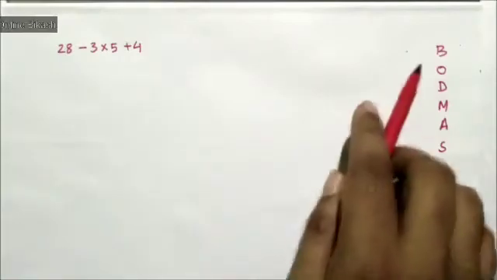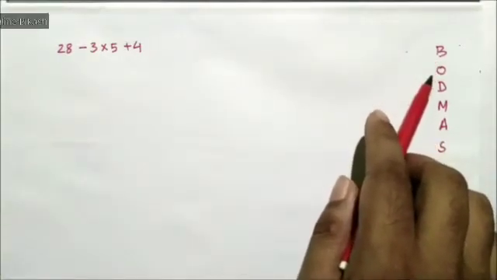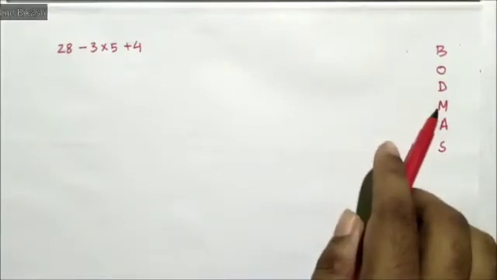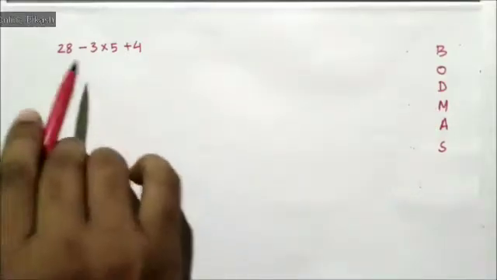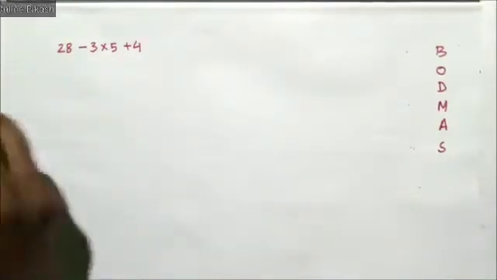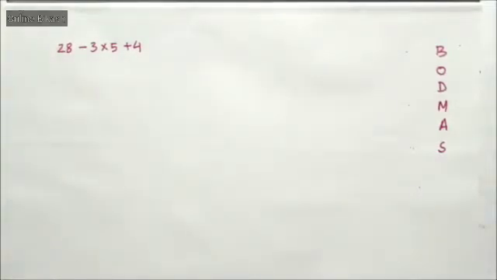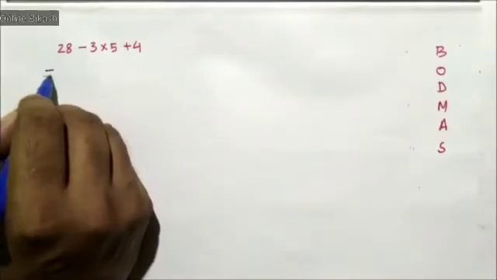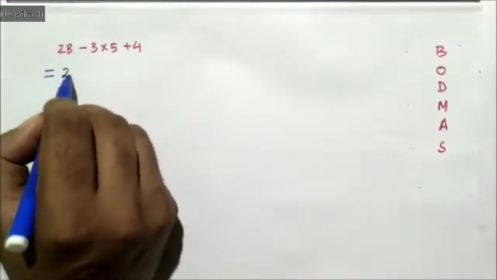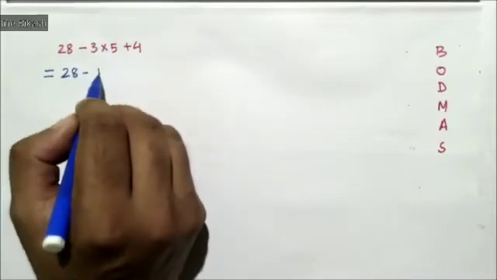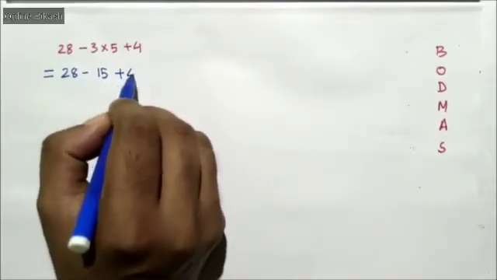Here there is no bracket, no "of", and no division, so just skip it and come to this multiplication. We will perform this multiplication first. Let me change the color of my sketch pen. So 28 minus, we will perform this one: 3 fives are 15, plus 4.